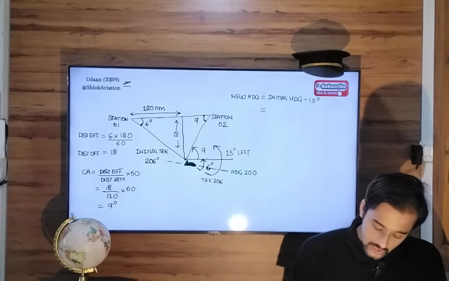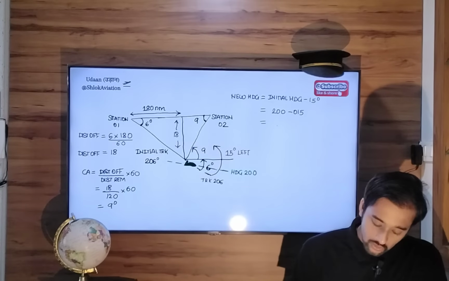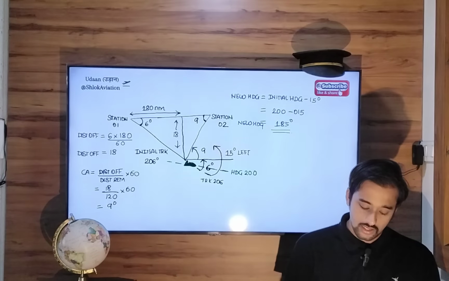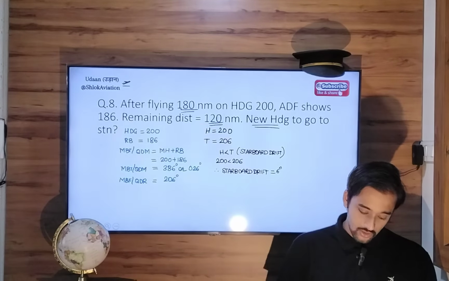So initial heading is what? 200 minus 15 is 185 degrees. So new heading to the station is 185 degrees. So this is how you do this sum. Okay, that's it. So we were only told to find new heading to the station. So with this, we will stop here.